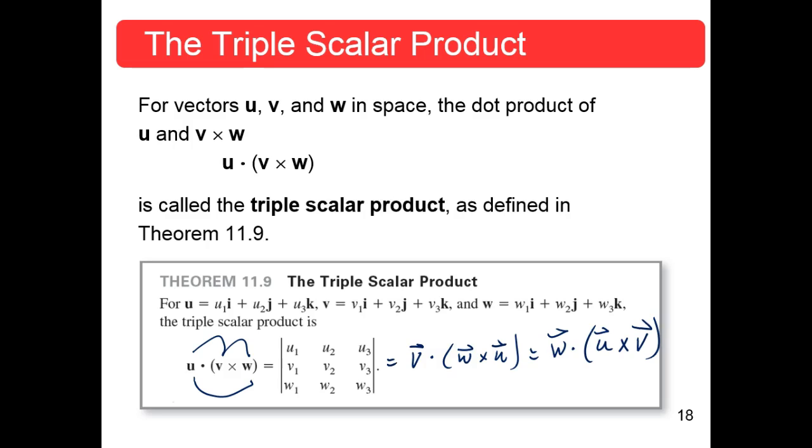U, V, W. U dot V cross W. That's the same as move the U down there and you have V dot W cross U. Keep the order, V, W, U. Or move this to the other end and you get W dot U cross V. Keep the order U, V, W, just like we did when we were doing IJK across the top. Keep the order, and you get the same thing. Cross any two of them, get them out of order, you get the negative of it.